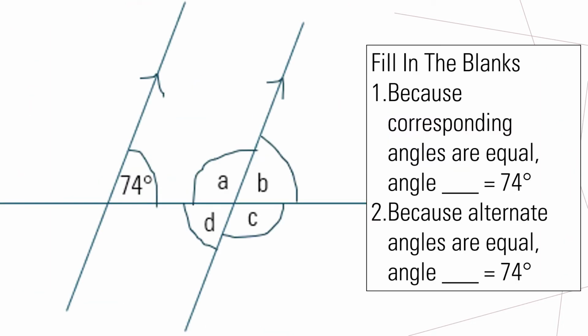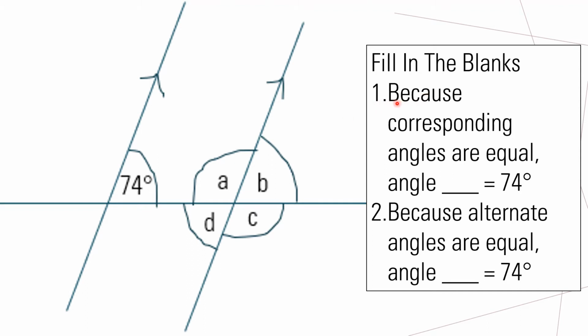For alternate angles, just think of the letter Z. Yes, so the angles the Z forms are the alternate angles. And for our example here, we need to make an incorrect Z, but it's okay as long as we can find the alternate angles. Let's move on to fill in the blanks.